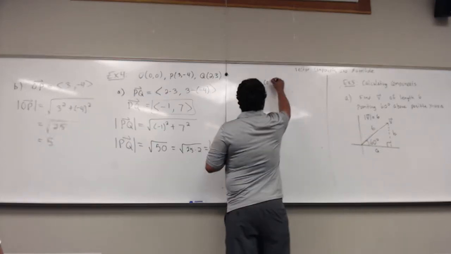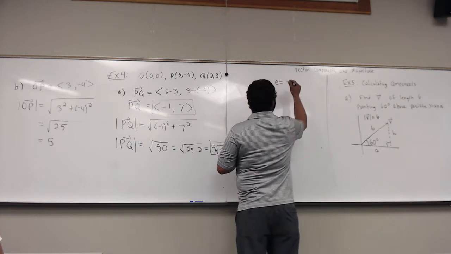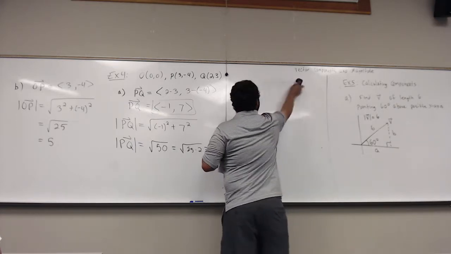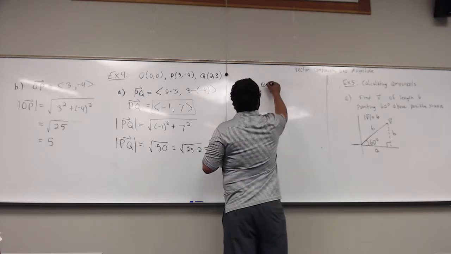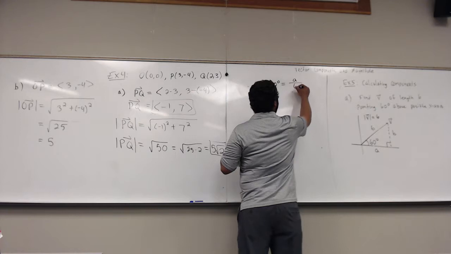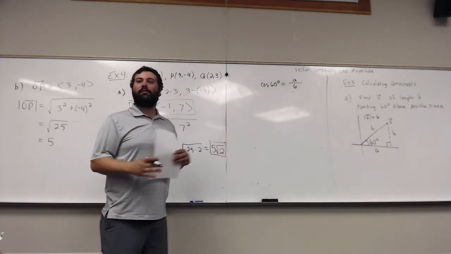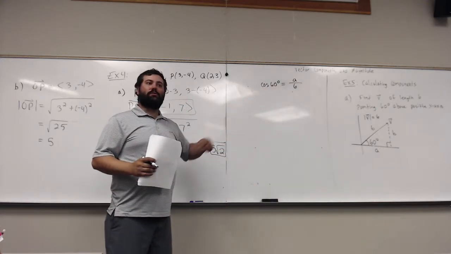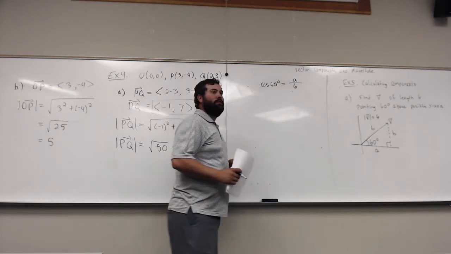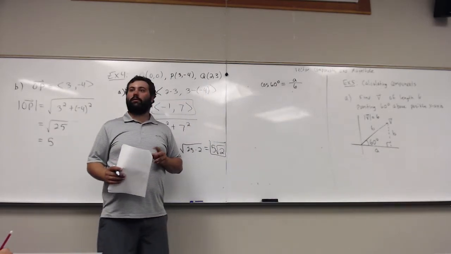So cosine 60 degrees is going to equal the adjacent side over the hypotenuse, which has length 6. The hypotenuse is just the magnitude or length of the vector. Everybody okay so far? Everybody have a question on the setup?